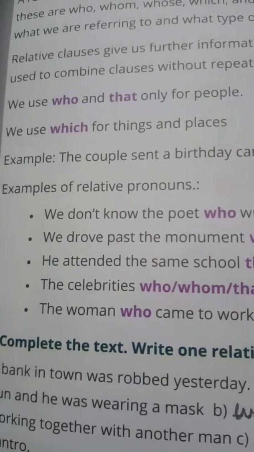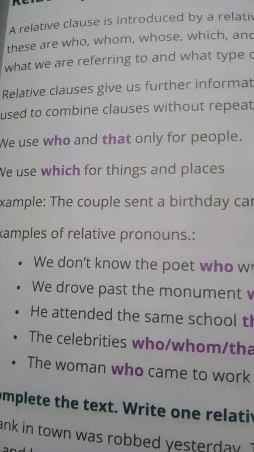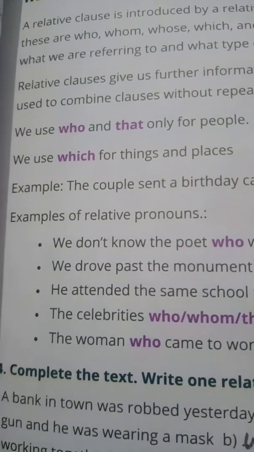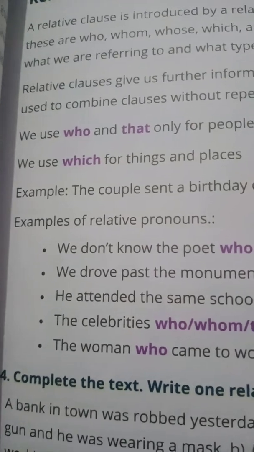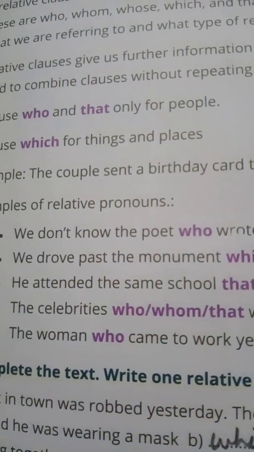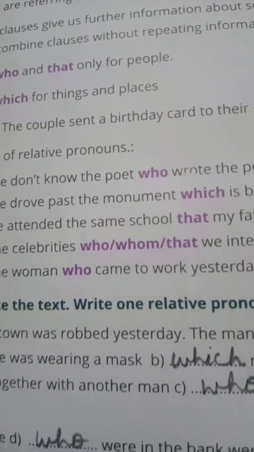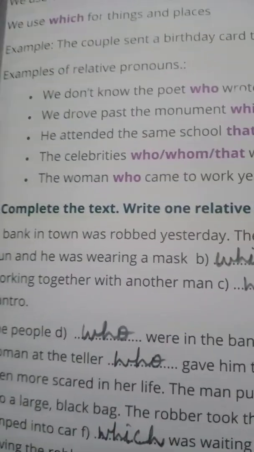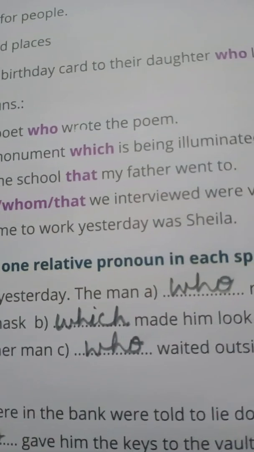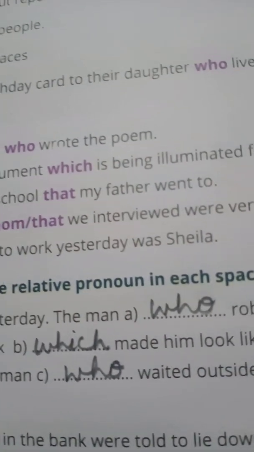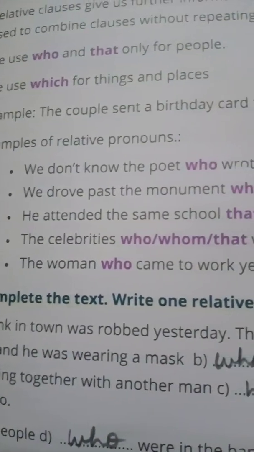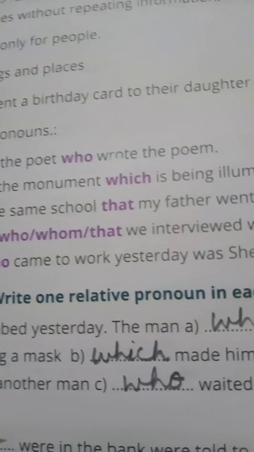So always remember, which is used for things and places, and who and that are only for people. So while using the relative pronouns, which is always used for things and places, who and that are always used for people. Another example, the woman who came back to work yesterday was Sheila. And the celebrities whom we interviewed were very popular.